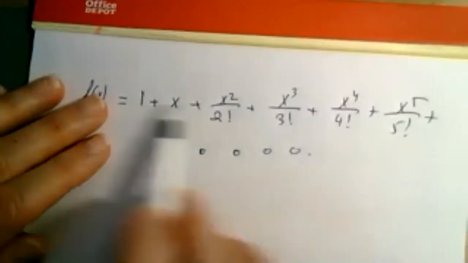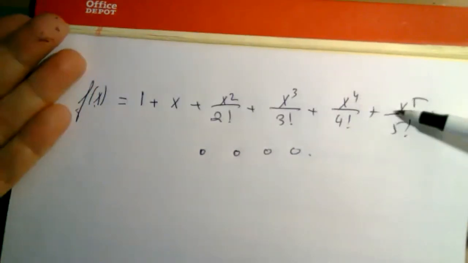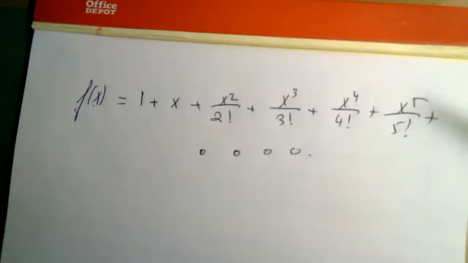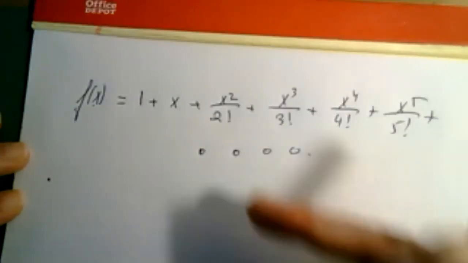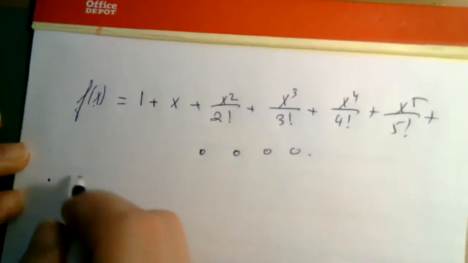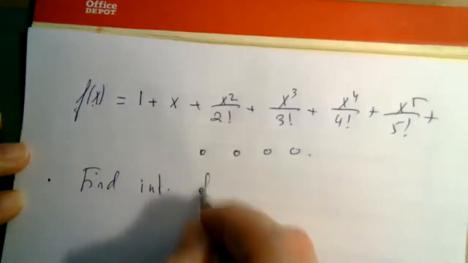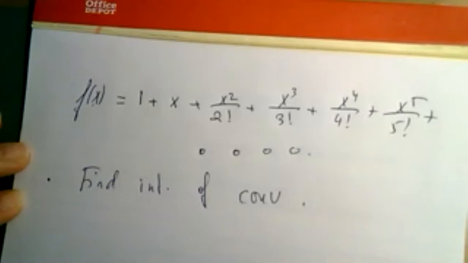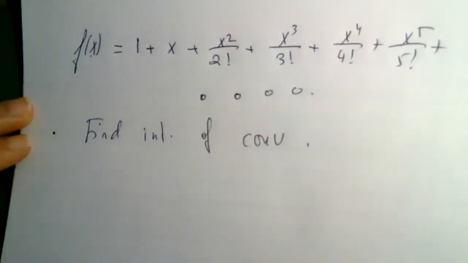Okay. So my first question is, does this power series converge? You're giving me an output as a power series, but is there any value of x that makes this converge? Because if there is no value that makes this converge, I'm giving you nonsense. So my first question is, find the interval of convergence. Basically, is there any value for which this sum makes sense?